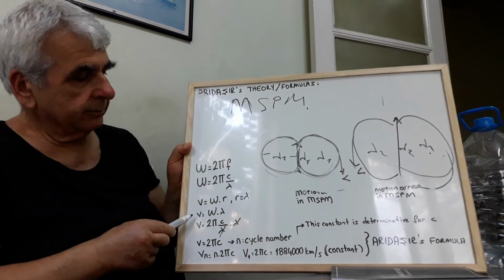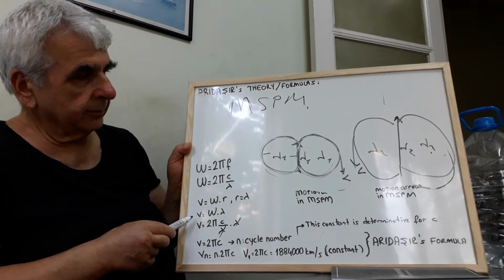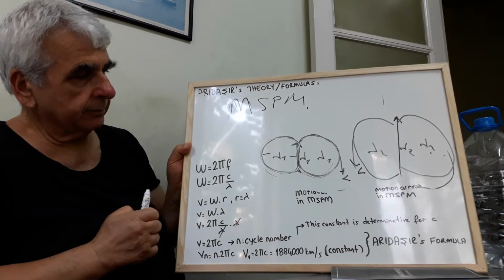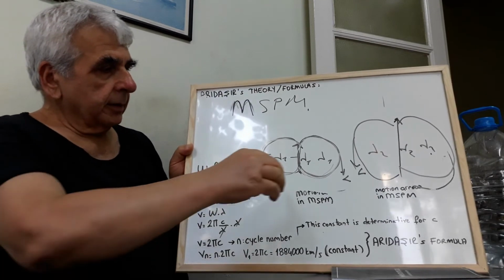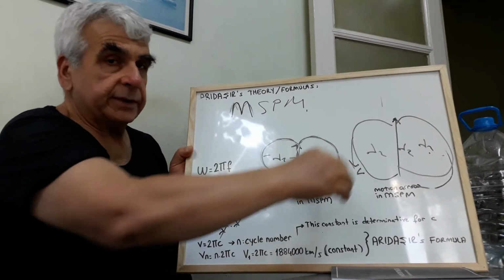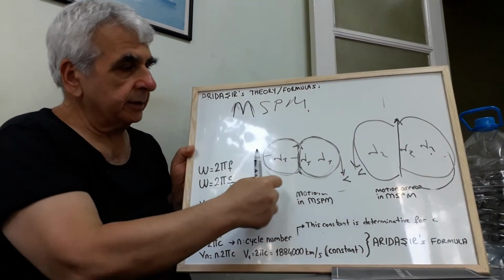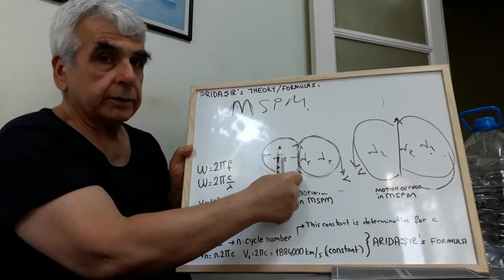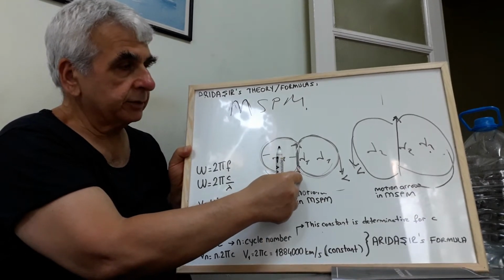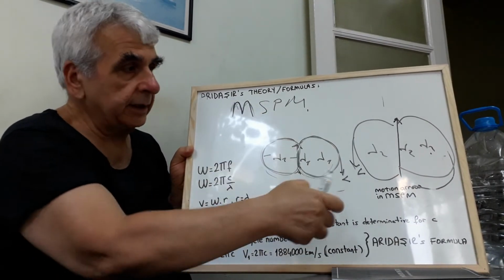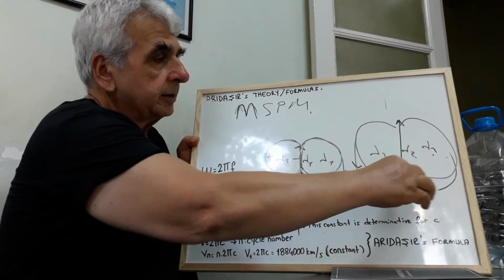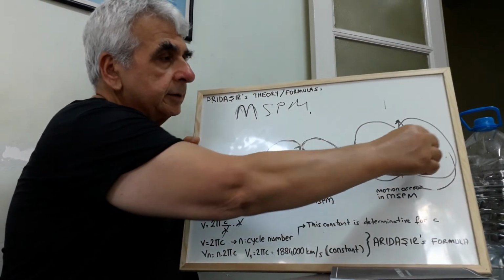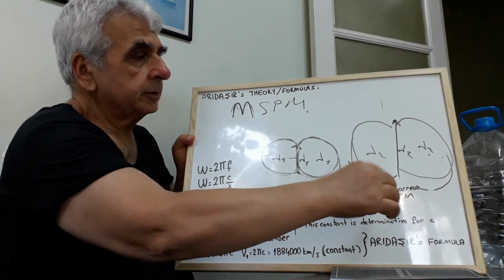Okay? And frequency, cycling frequency of smaller wavelength electron motion form is greater than bigger wavelength electron motion forms frequency.